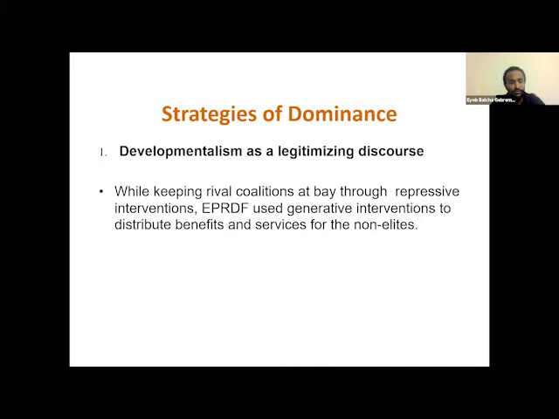The developmentalist orientation of the regime helped it use generative interventions to distribute benefits and rents to the non-elites, while using repressive interventions, politically spelled legal instruments, to keep rival political forces at bay. So the horizontal relationship with competing political actors was controlled through legal frameworks, but the vertical relation with the non-elites was maintained through these developmentalist interventions.